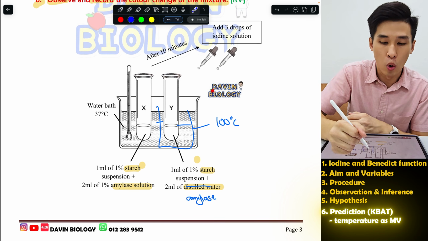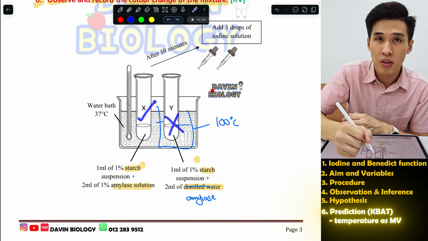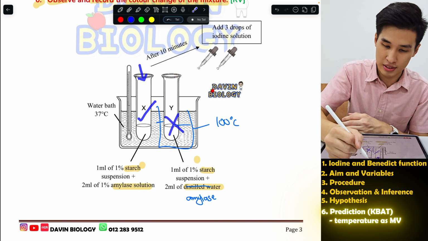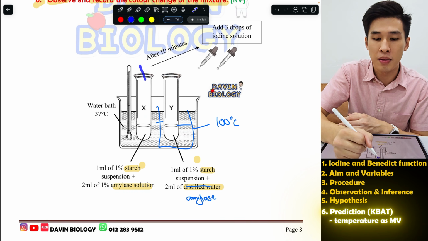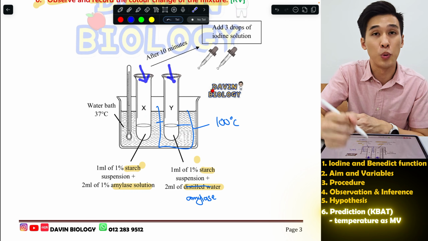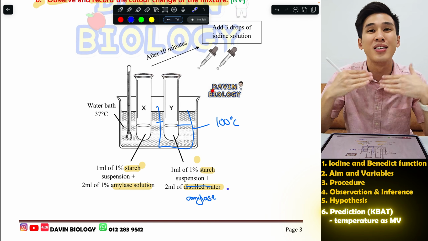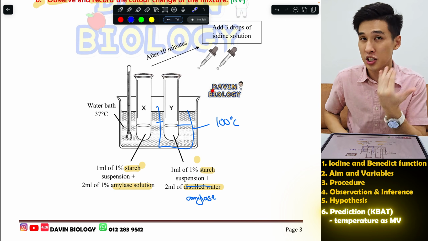It means this one will have no reaction. This one has. So for iodine, this one remains yellow, this one dark blue. For Benedict's, same also. This one brick red precipitate, this one remains blue. Basically, if you put hot water, there's no reaction, just like distilled water. So this is a possible question they can ask.